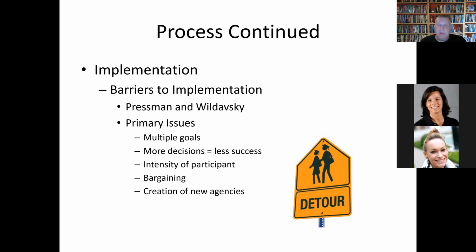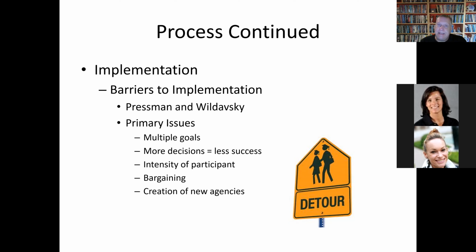So when we have vague legislation and vague policies passed by a legislative body, when they arrive in the administrative agency, administrators have to make a lot of decisions about the nuts and bolts of how to implement that policy. The more decisions implementers need to make to implement a policy, typically the less successful that implementation is going to be.